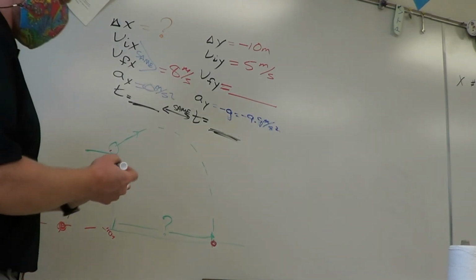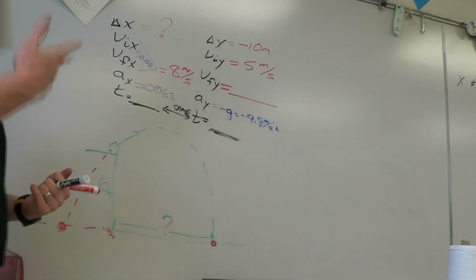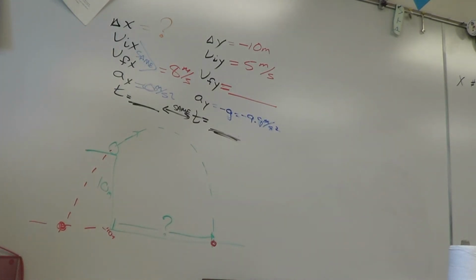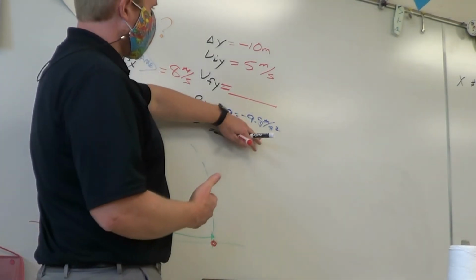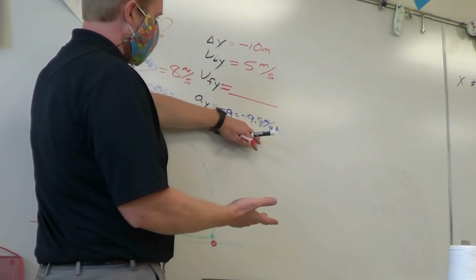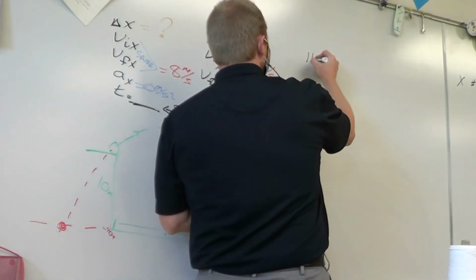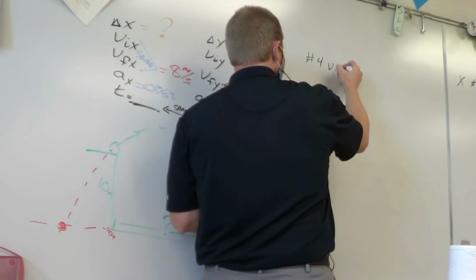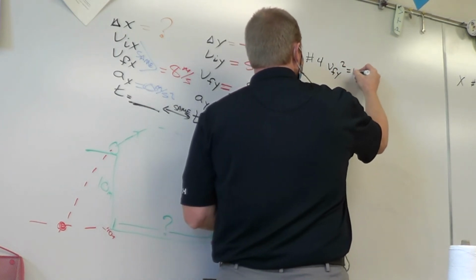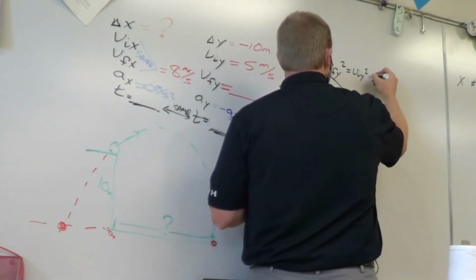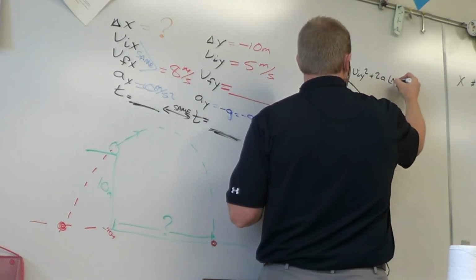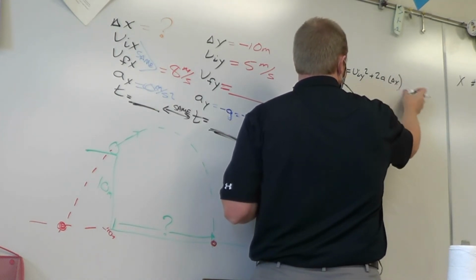So it's a way that we can solve for velocity or time without doing quadratic. Instead of doing quadratic, you're doing 2 physics calculations, 2 Fab 5 calculations. If we were to solve for final velocity in the y direction first, we'd have to choose one where we don't know time. So that would be equation number 4. v_fy squared is equal to v_iy squared plus 2a times delta y.